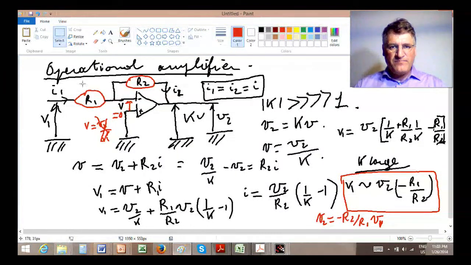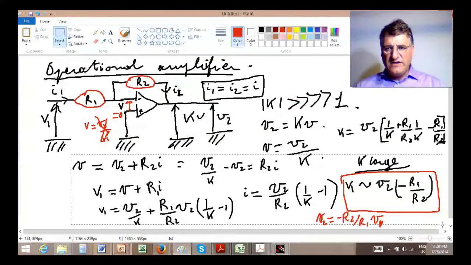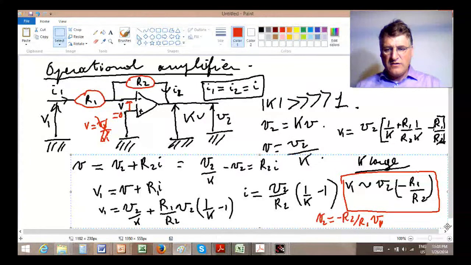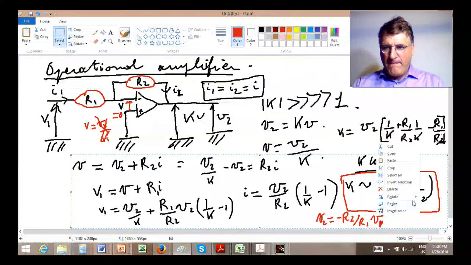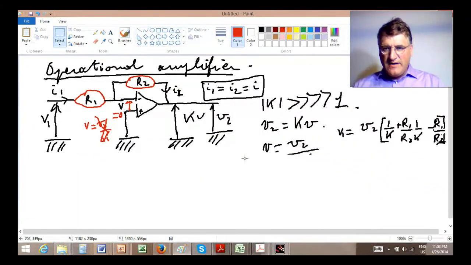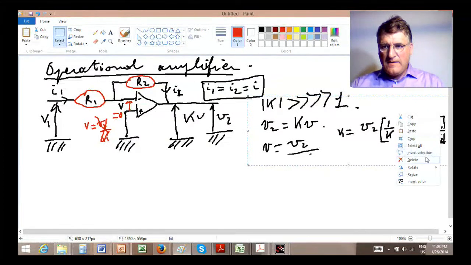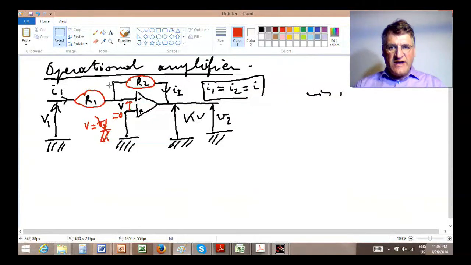So, for example, let me clean up this whole area here, and this whole area there, and finally erase our use of resistors.